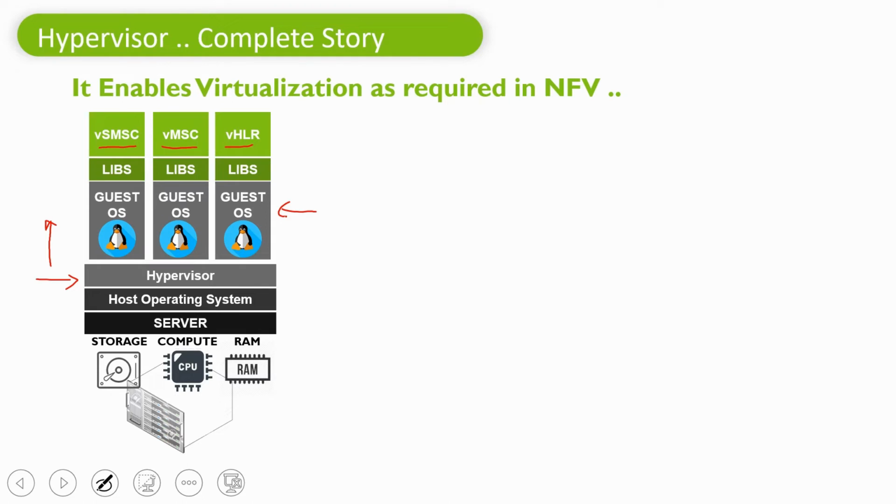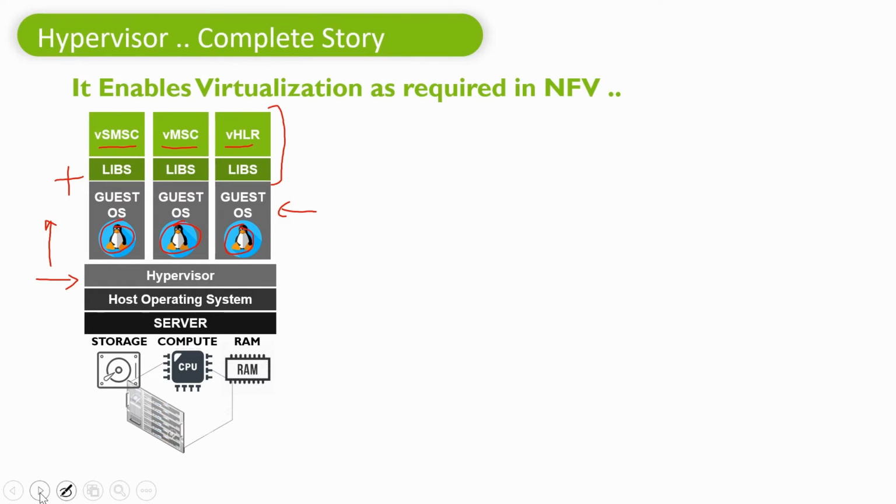It can be different from the actual host operating system. The VM also hosts the application and the supporting libraries. The application in order to run also requires a couple of libraries and dependencies. So a virtual machine is a combination of a guest operating system plus a couple of libraries, then the application piece.